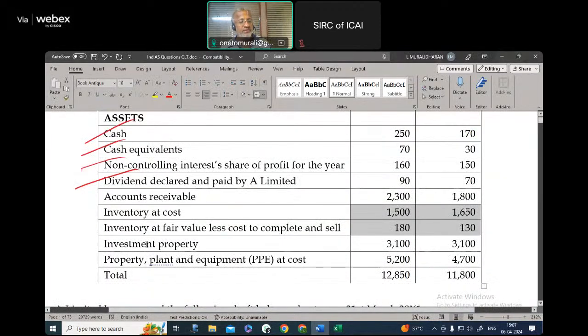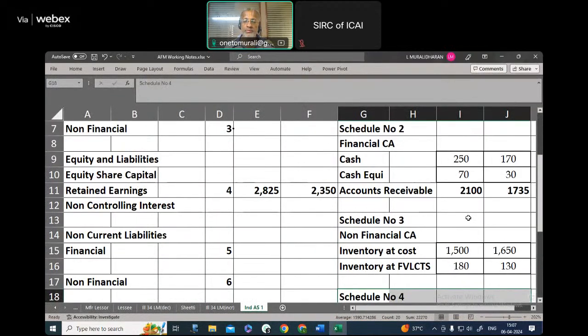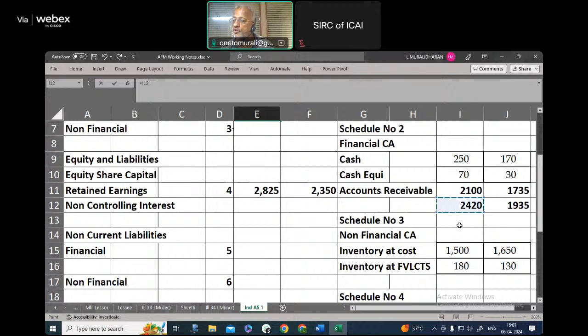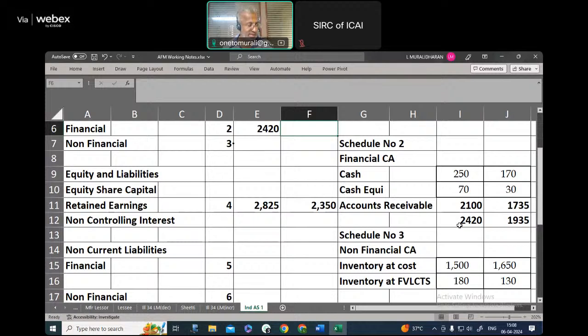So then we have investment in property and PPE. Before that, let me just total up. Financial items 2,420 and 1,935.